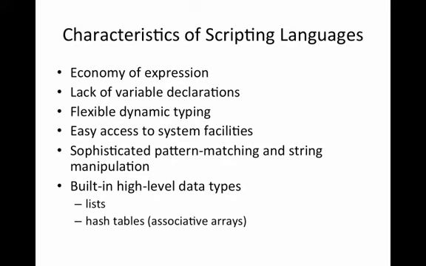And then the last thing is built-in high-level data types. The 2 most commonly provided built-in data types are lists and hash tables, which you'll often hear referred to as associative arrays. When we say built-in, that means that they are native data types and have their own set of operations associated with them. The syntax varies from language to language, but almost all scripting languages support lists and hash tables as built-in data types.